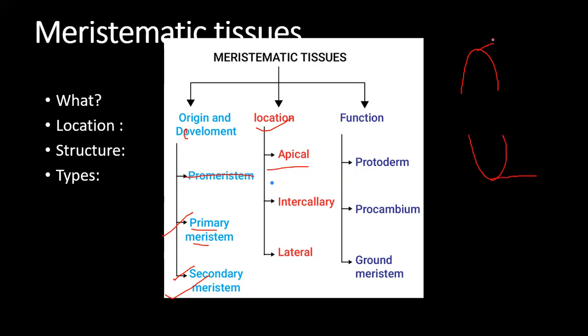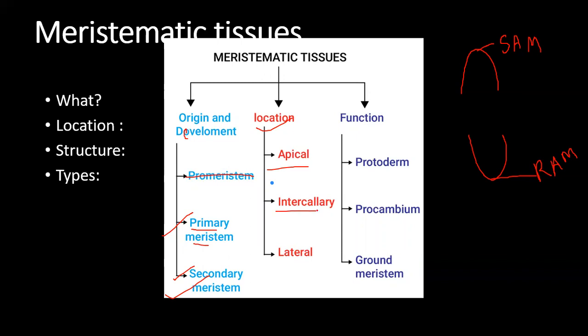If it is at the shoot tip, we call it shoot apical meristem. If they are present at the root tip, we call it RAM, root apical meristem. Shoot apical meristem and root apical meristem are the two types of apical meristem.